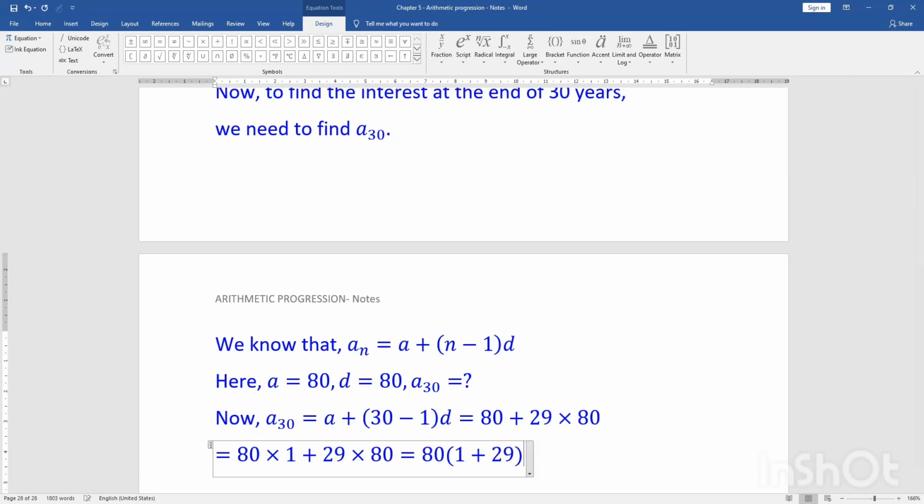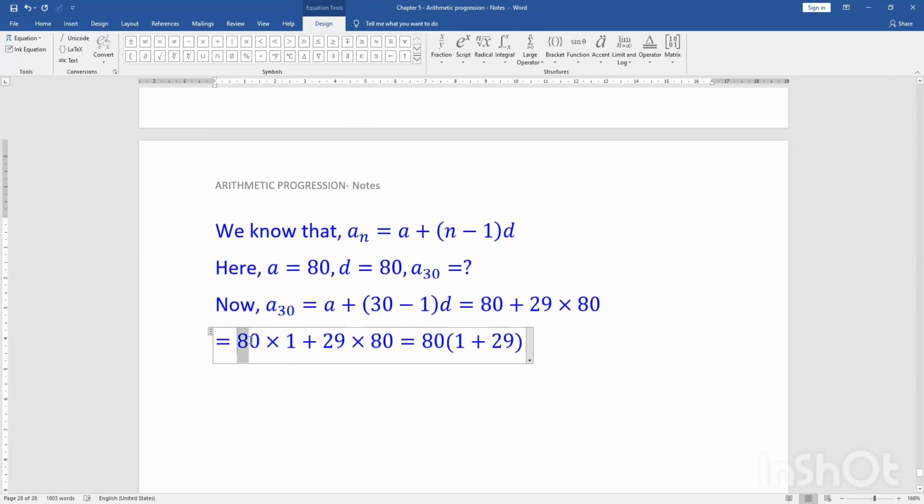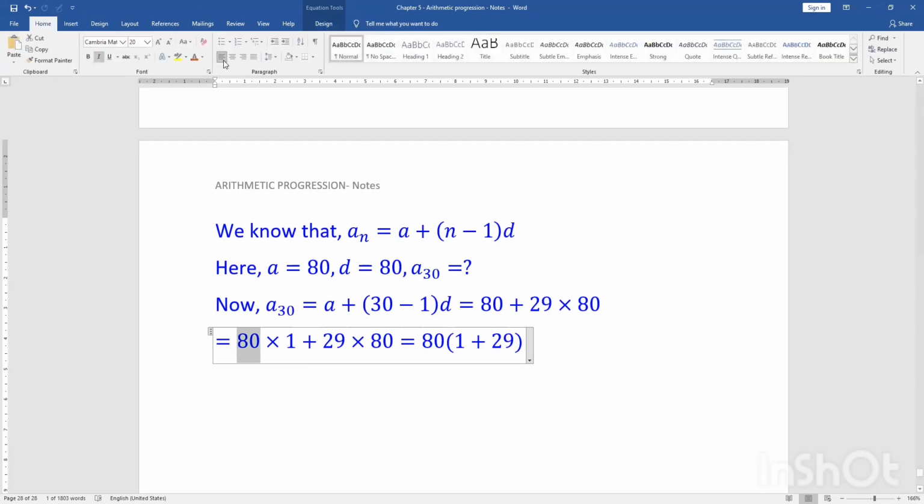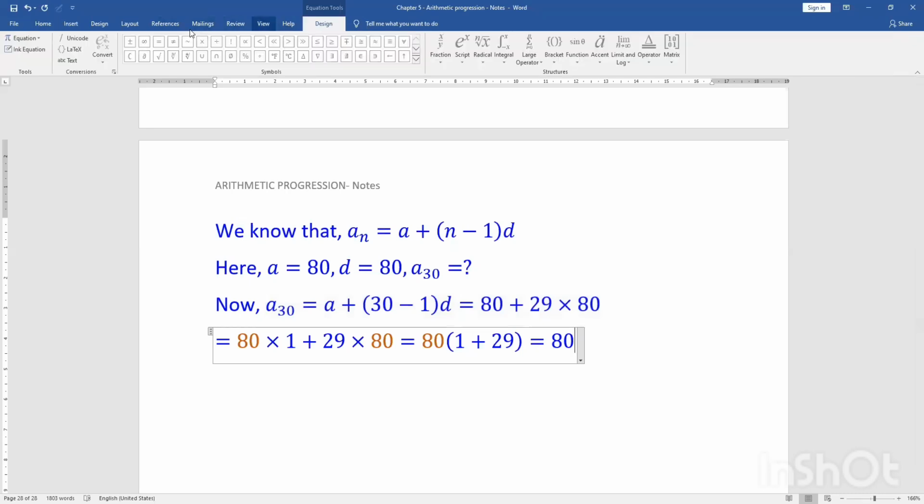So I'm going to mark the common things. Here 80 is there, here also 80 is there. That common thing I'm going to take outside, and what is not common, that is 1 and 29, write it inside, which is equal to 80 into 30. 80 into 30 is equal to 2400.